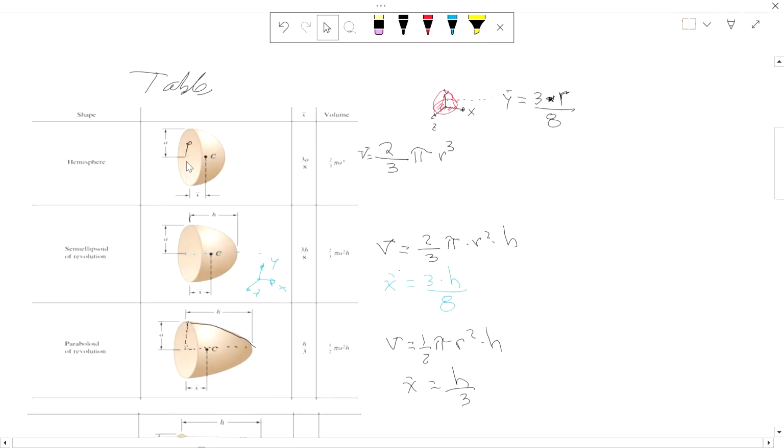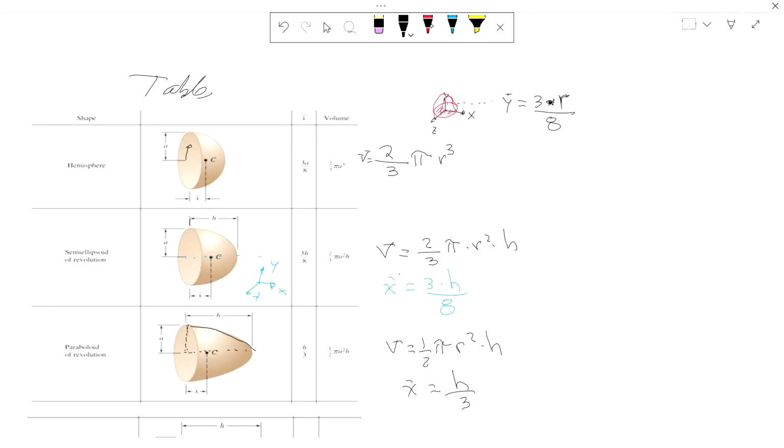For instance, if the shape they gave you was a base, I don't know if I'm going to be able to draw it nicely, but well, let's do something else, because I don't know if I'm going to be able to draw it nicely.